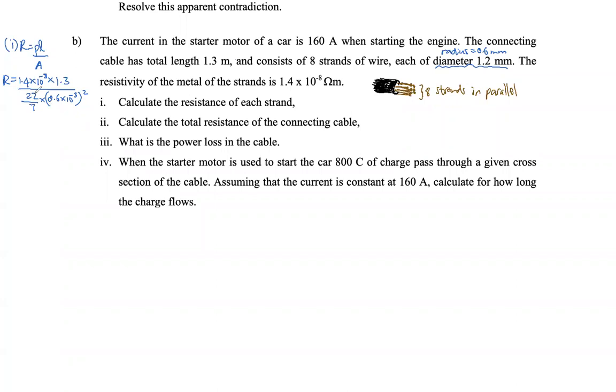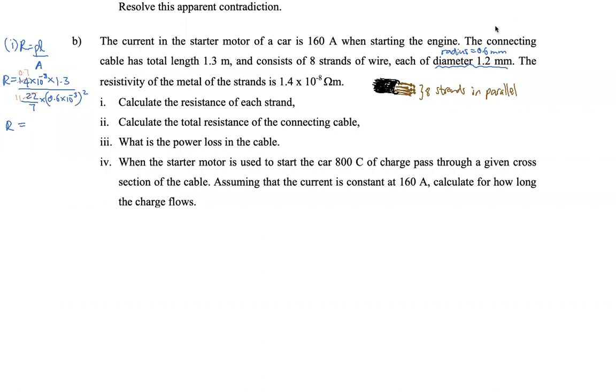I thought 1.4 would get cancelled off. It is not getting cancelled as expected. Never mind, we'll find it. R is equal to, on top, 1.4 over 1.3. We can simplify a little: the 22 here will make it 11, and on top we can make it 0.7.